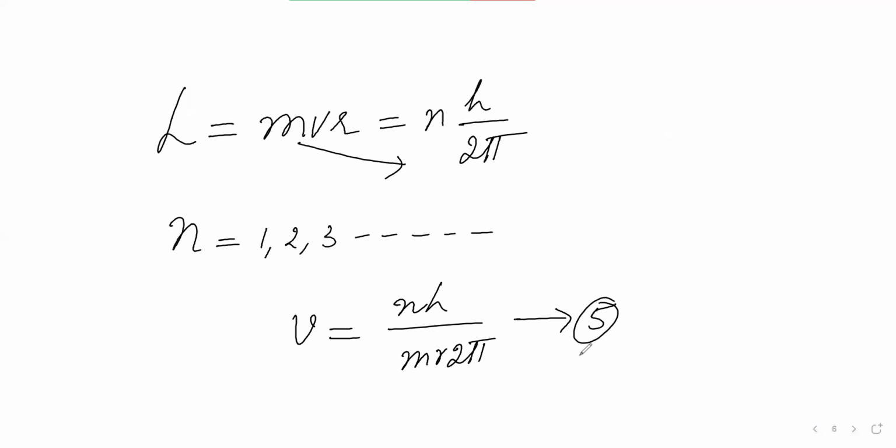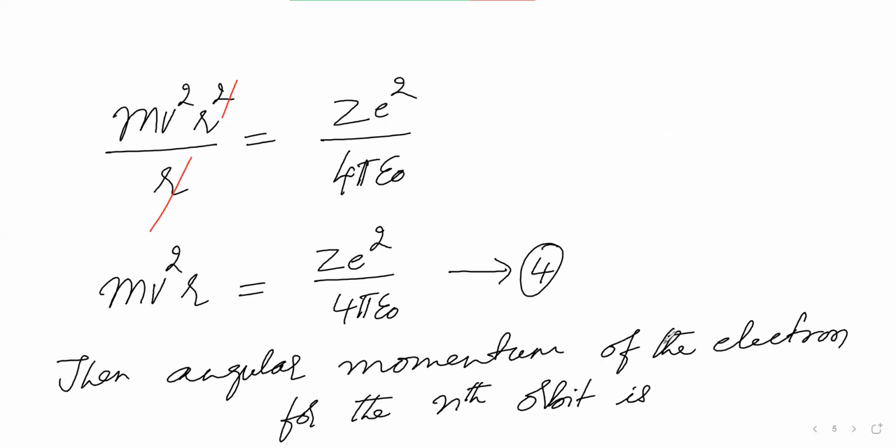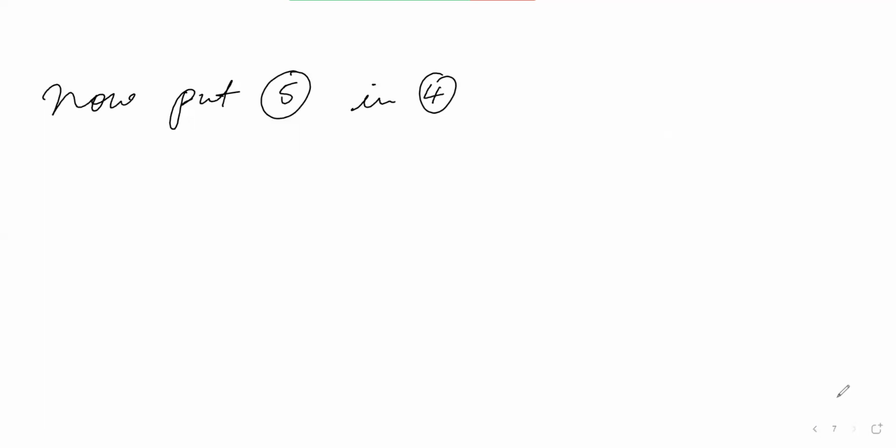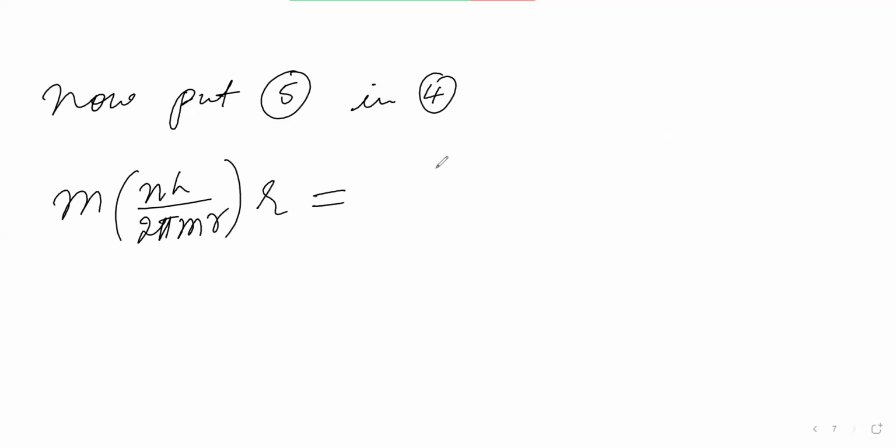So now this V, I'll put it here in the place of V. Okay. So now what will happen here? M, and what is V there? NH divided by 2 pi MR, into R equals ZE square divided by 4 pi epsilon naught.